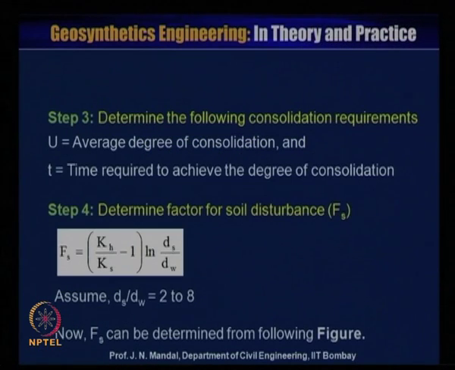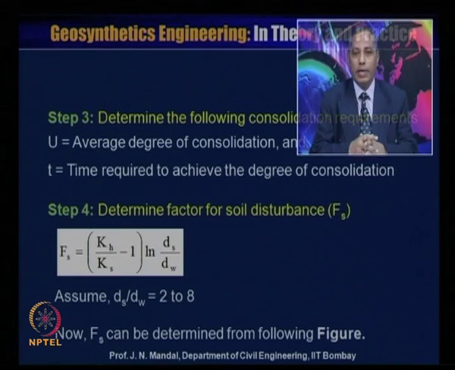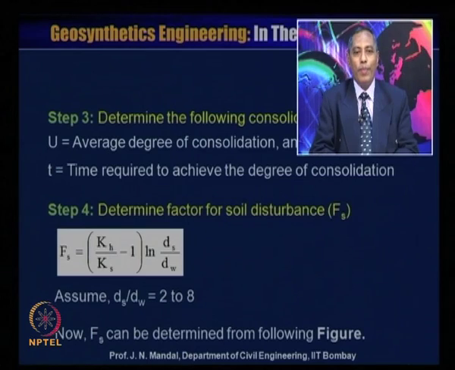Step 3, determine the following consolidation requirement: U, the average degree of consolidation, and t, the time required to achieve the degree of consolidation. Step 4, determine the factor for soil disturbance, that is Fs.